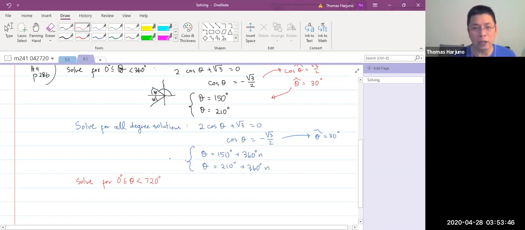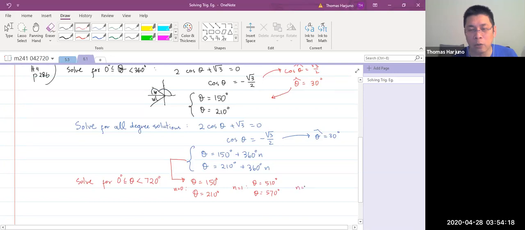Then we will get the general solution first, and then we use when n equals 0, we get that, right? When n equals 1, we get theta equals 510 degrees and 570 degrees.